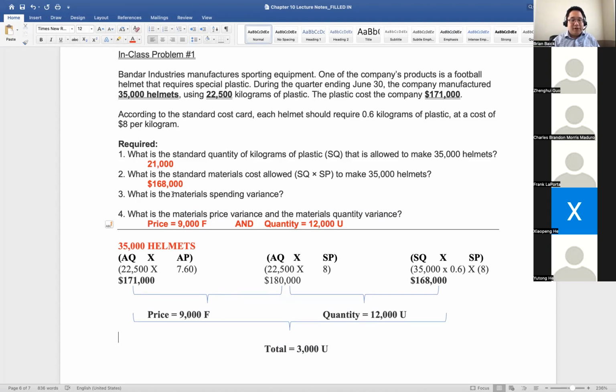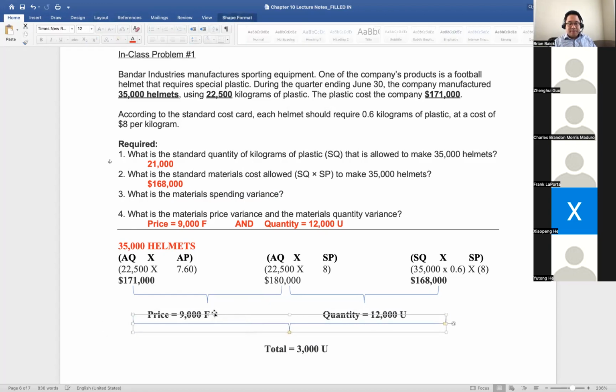What is the materials spending variance? Anybody have any idea? Type in the chat what you think. I'll give you a hint. Which is the variance we didn't use yet? I used price variance and quantity variance.